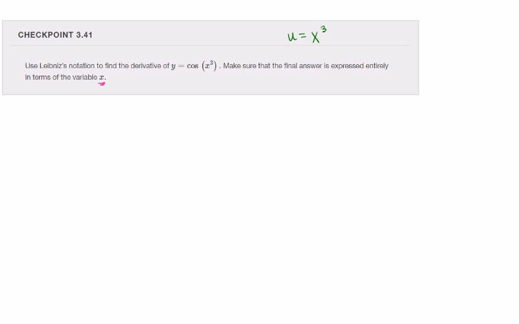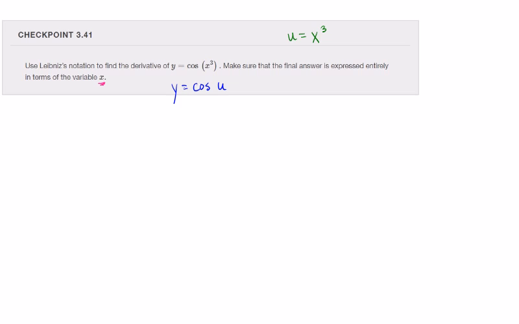Good. And yeah, u is the inner function, right? So if you got u equals x cubed, great job. All right. So now let's rewrite y as a function of u. Okay. So y equals, and then write it as a function of u. All right, good. If you put cosine u, that's exactly right. So we just put u in here.